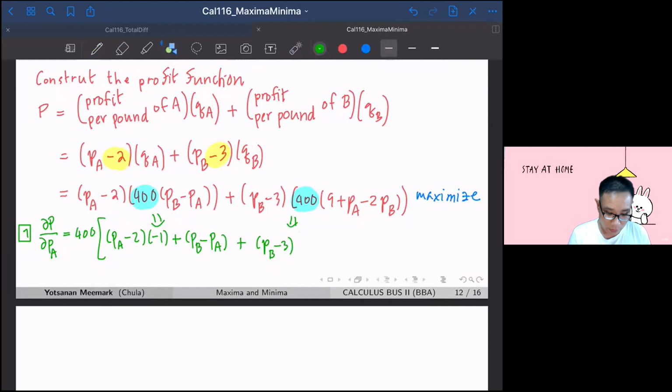So this will be your derivative, which turns out to be 400 times (negative PA plus 2, plus PB minus PA, plus PB minus 3).